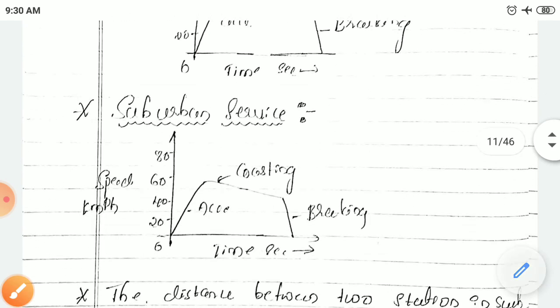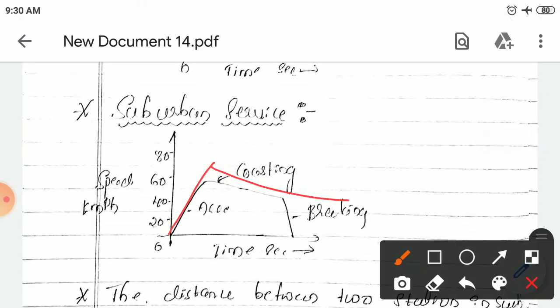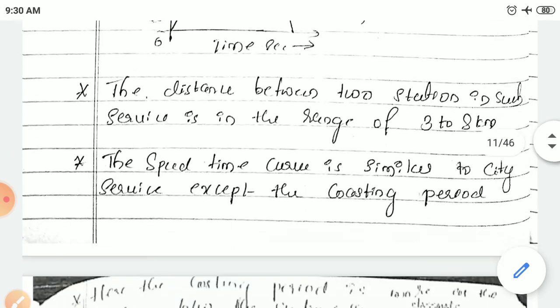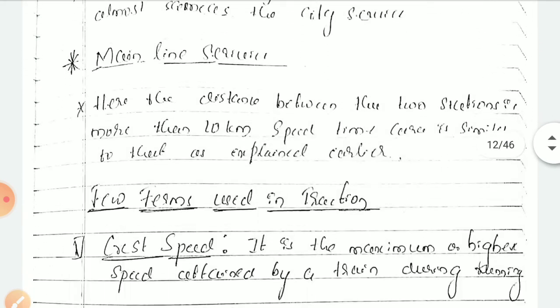In the suburban service, it is accelerated, power is turned off, and it waits for some time before brakes are applied, because the distance is higher than in city services. So based on the distance between the two stations, the speed time curve also varies.